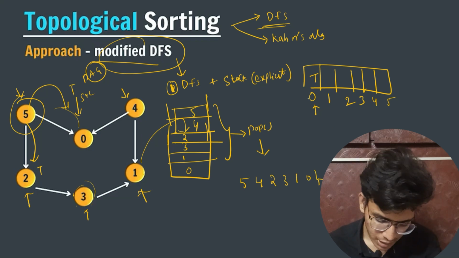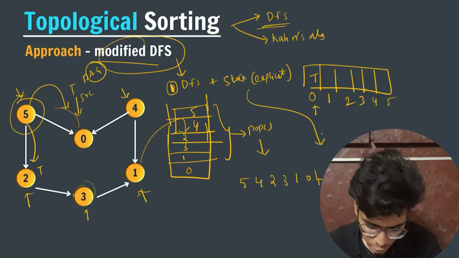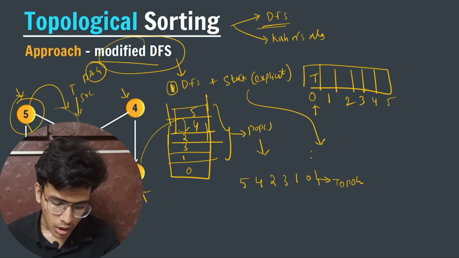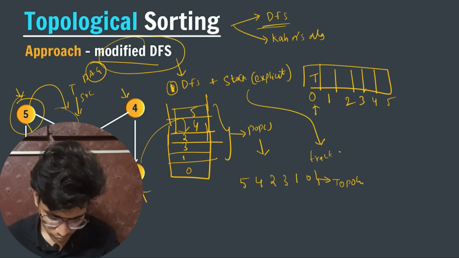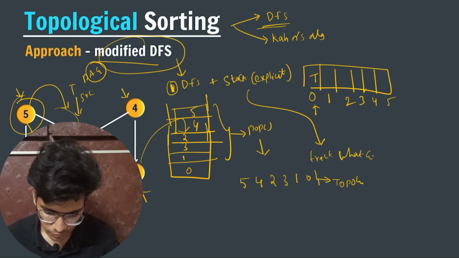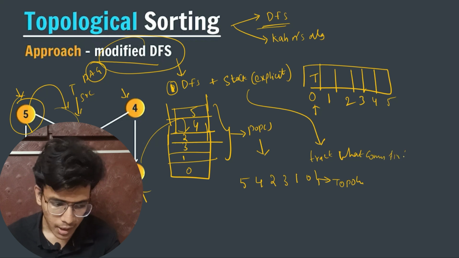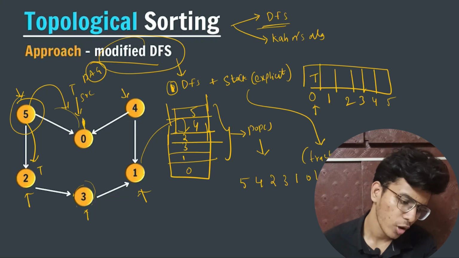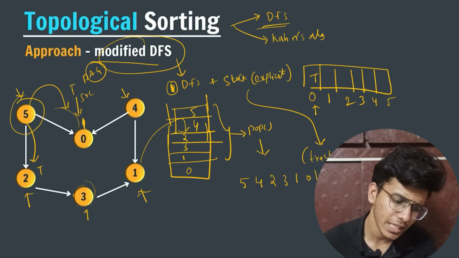Here what I am doing is that I am adding elements into my stack based on what comes first. Here 0 is coming first, right? So here you can see that in order to complete 0 I don't need any elements.